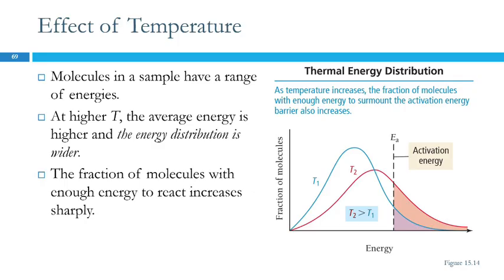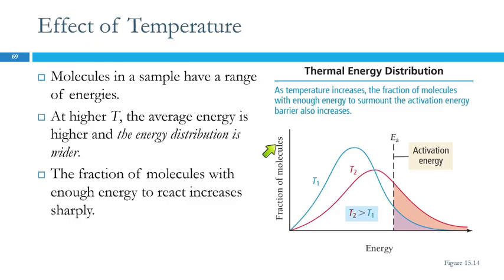So molecules in a sample have a range of energies. Like, you look at students and somebody might be asleep on their book, right? Very low energy. Somebody else forgot to use the bathroom before they came and they're just like, right? Higher energy. So in a sample at a given temperature, there's a range of energies.